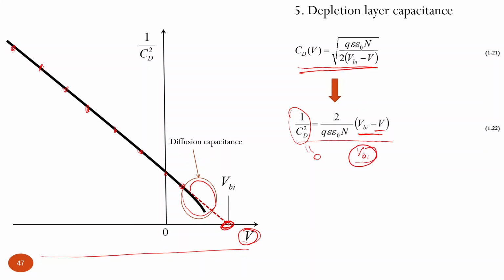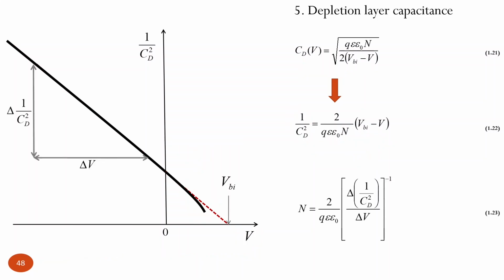So that is an easy and straightforward way to determine the built-in voltage in a p-n junction. By the way, there are not so many options to do it with such accuracy as Mott-Schottky analysis. You can estimate it from current-voltage characteristics, but this is a direct way to measure it.